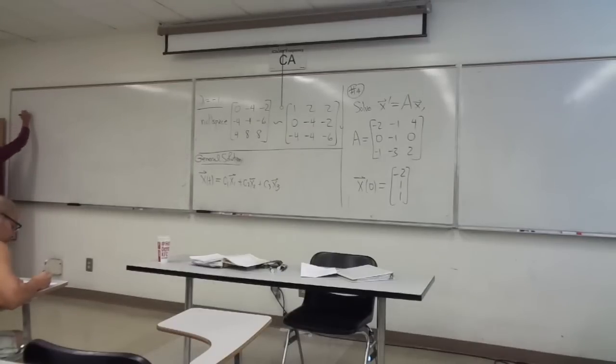So I'm going to take the determinant of, let me just write down the matrix, I have to subtract lambda from the main diagonal. So negative 2 minus lambda, negative 1, and negative 4. I'm sorry, that's a positive 4. And then 0, negative 1 minus lambda, and 0. And negative 1, negative 3, and 2 minus lambda.